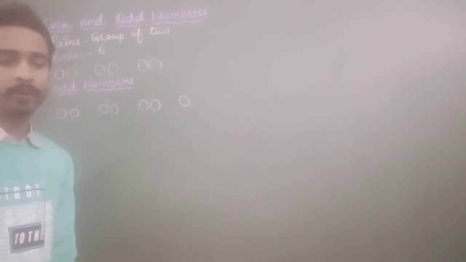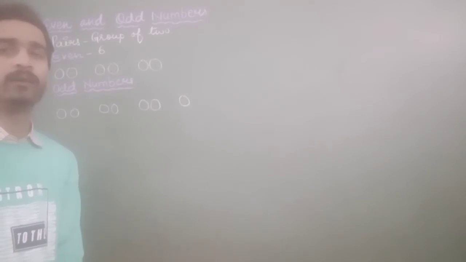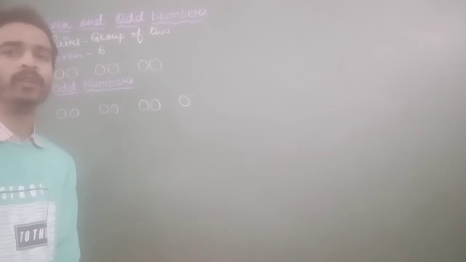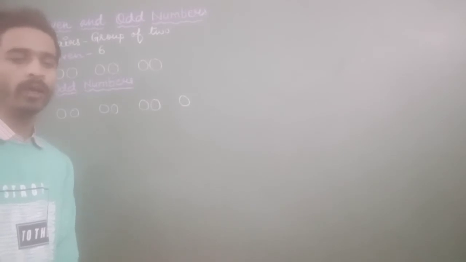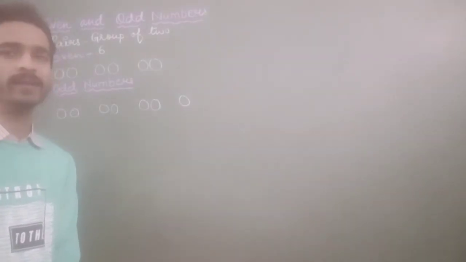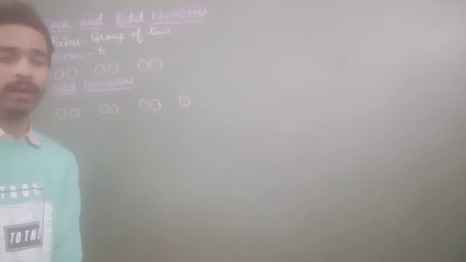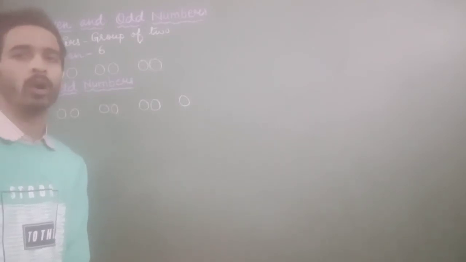Now we will discuss the next topic, how we can find whether any number is even or odd. For example, 2, 4, 6 and 0 are even, and 1, 3, 5, 7, 9 are odd.